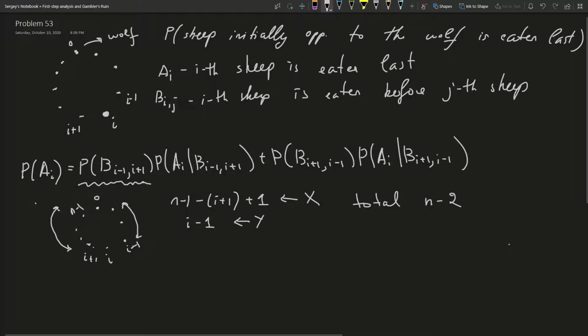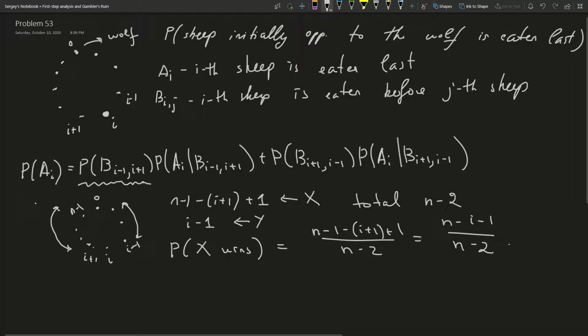And since the probability that x wins any given trial in the whole gambler's ruin setting is 1/2, the probability of x winning is n minus 1 minus I plus 1 over n minus 2. And this simplifies to n minus I minus 1 over n minus 2.